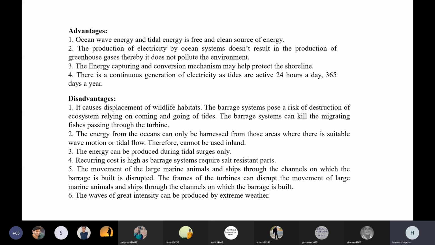And the cost of installation again would be high. One time installation cost would be high, because we have to set up the barrage system, and here you have to bear recurring cost also, because it is in water and it will accumulate a lot of salt, because ocean water is salty. So recurring costs are also high here. So this becomes another disadvantage.